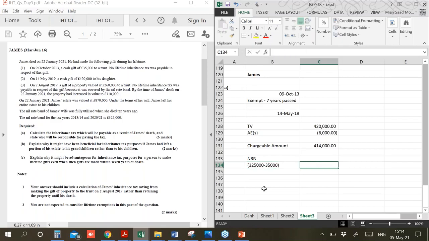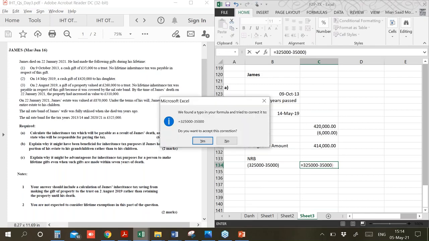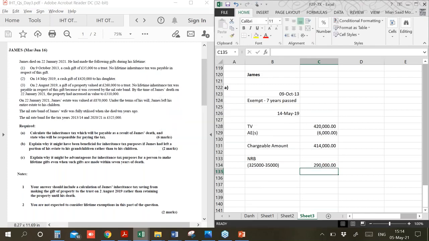So what would have been the remaining nil rate band? 325,000 minus 35,000. But guys, is that correct? Is that correct, or is there any mistake?